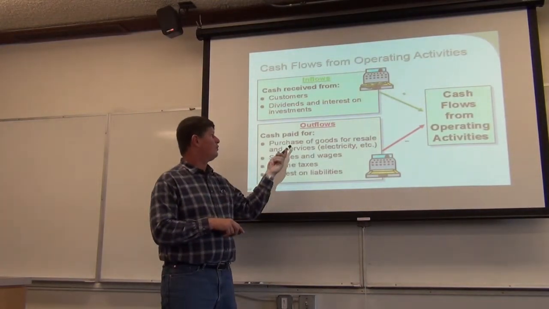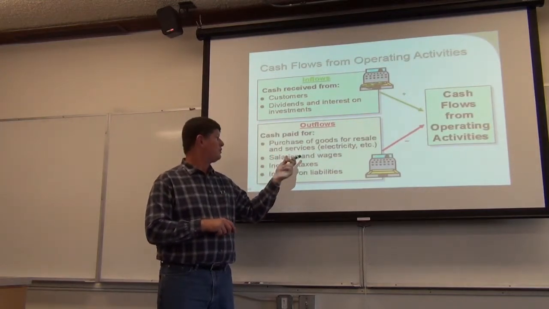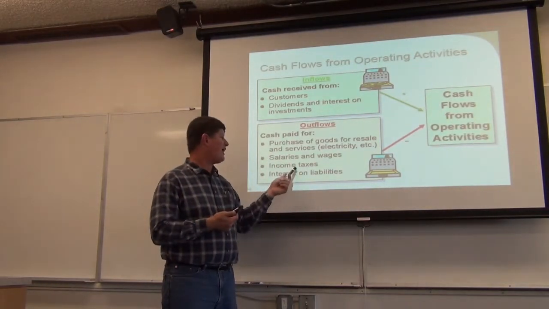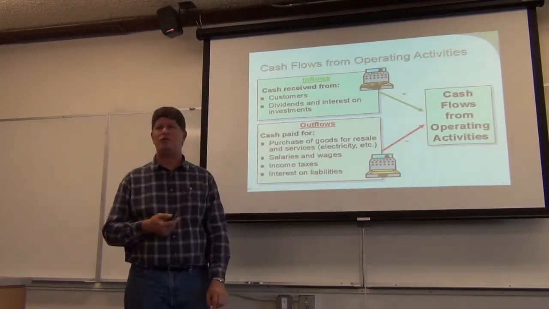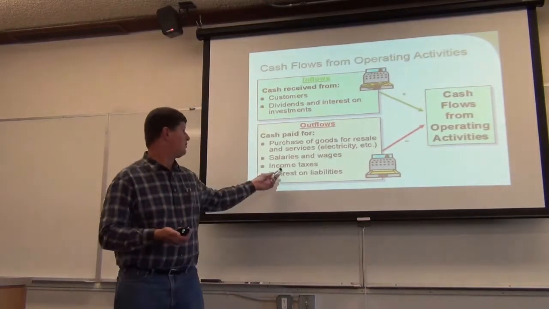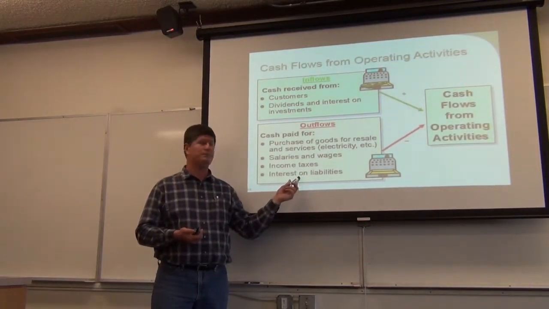When you buy inventory, you use up cash. When you pay your expenses, your wages, your utilities, you use up cash. When you pay taxes or you pay interest on debt, you're using up cash. Notice some of these are financing activity down here, right?